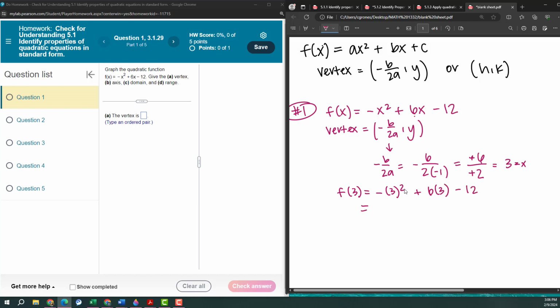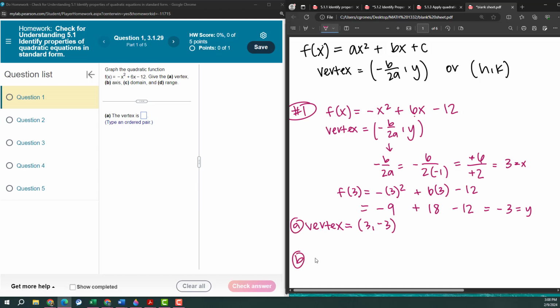So 3 squared is 9. 3 times 3 equals 9. And so I've got negative 9 plus 6 times 3 is 18. And then minus 12. So 18 minus 9 is a positive 9. And then 9 minus 12 gives us a negative 3 for y. So our vertex equals 3, negative 3. This is our answer for part A.